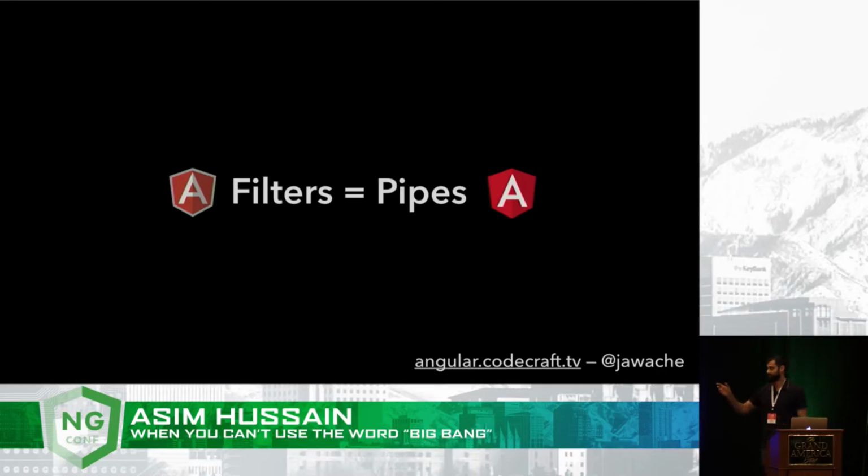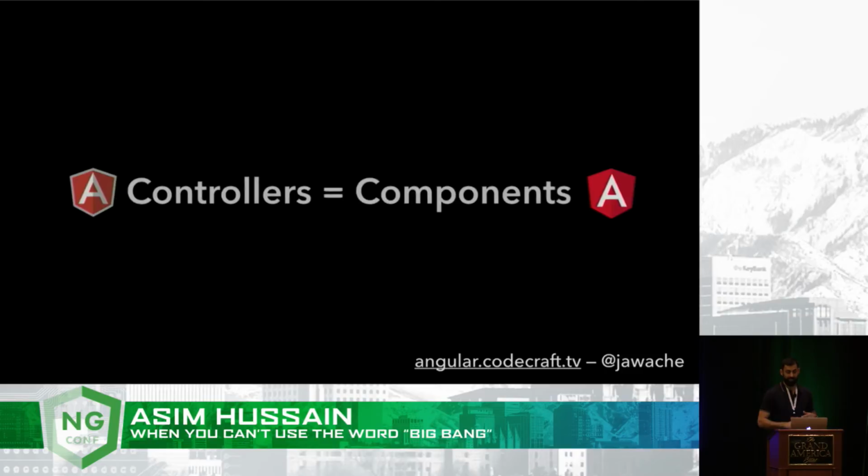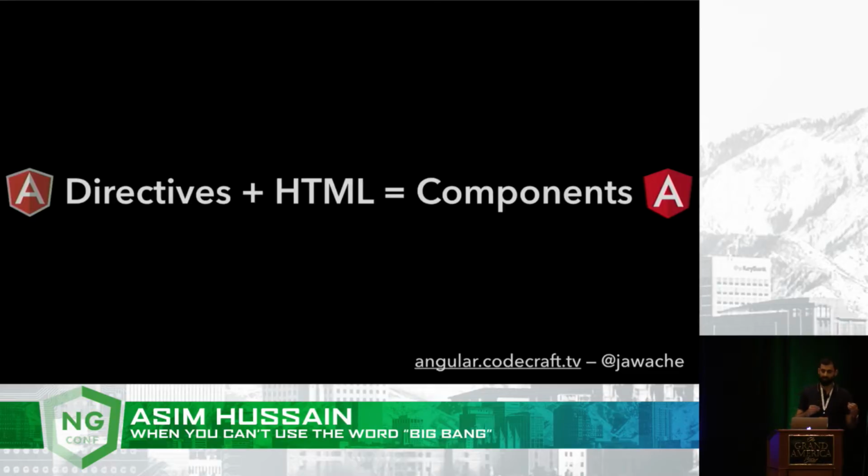So just some other terminology in case you don't know. In Angular 1, we have filters. In Angular 4, these are pipes. In Angular 1, we have controllers. In Angular 4, we have components. In Angular 1, we have directives. The directives which have a template, which have some HTML, are now components in Angular 4.